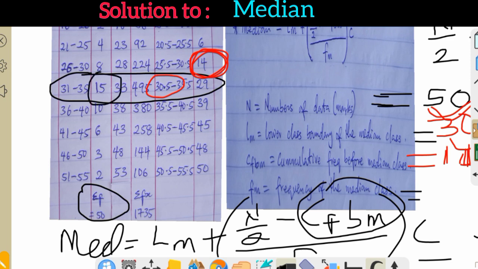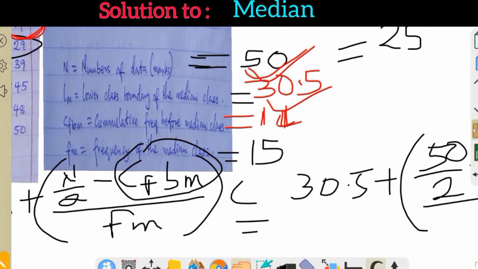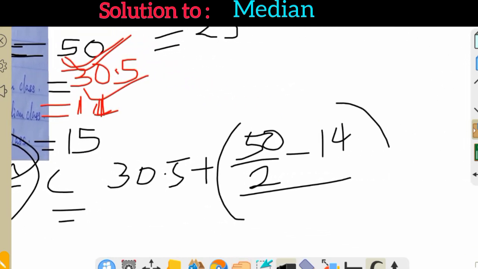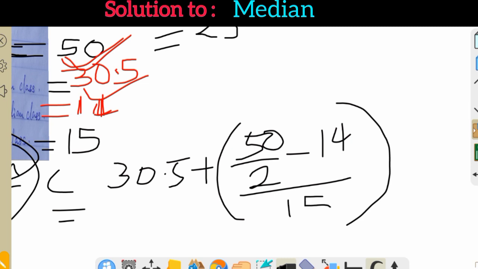So that's what I'm supposed to be having here. Then times 5, which is the class interval. The c you are having here is the class interval.